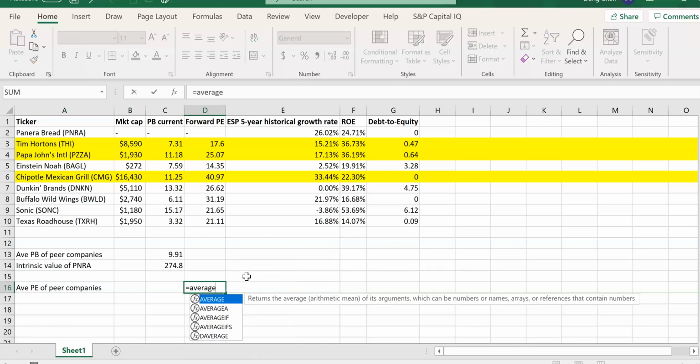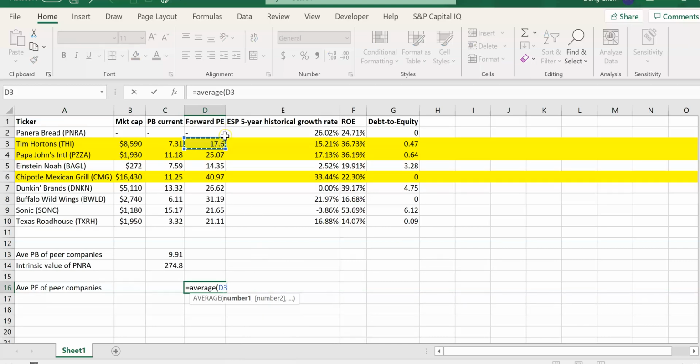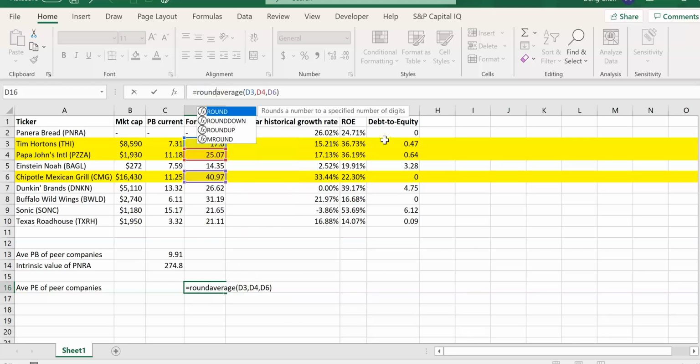So again, I'm using the average function and take the average of the 3 PE, forward PE here. So D3 and then D4 and then D6. And then don't forget we're using the round function to keep 2 decimal places.